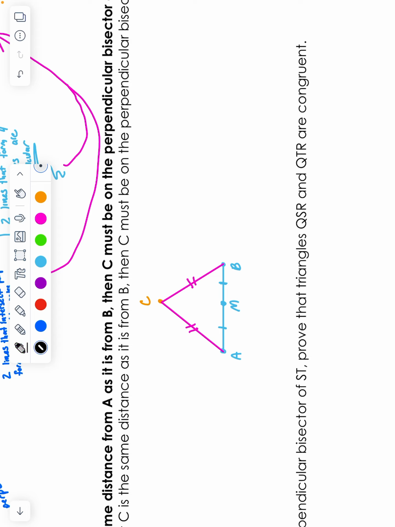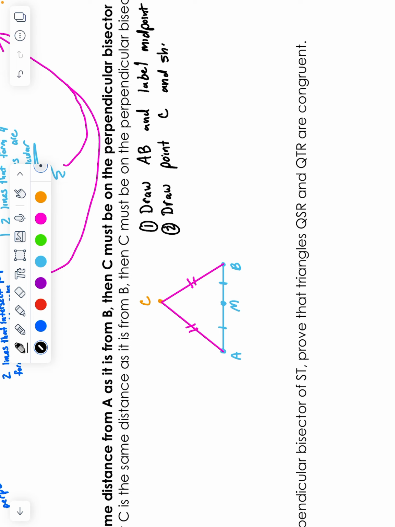So I guess step 1, draw AB and label midpoint M. Step 2, draw point C and show it is equidistant to A and B. Now, I'm just going to connect C and M for fun.